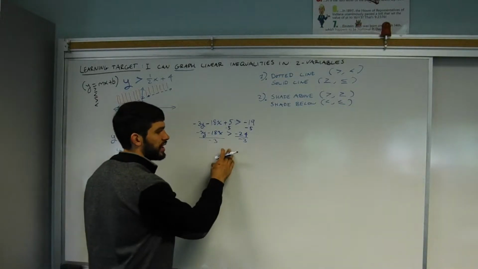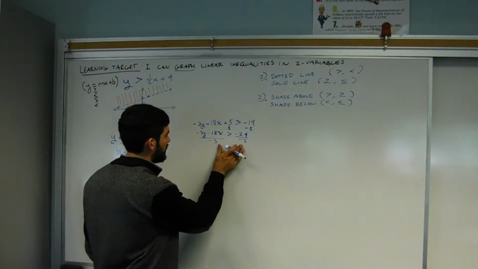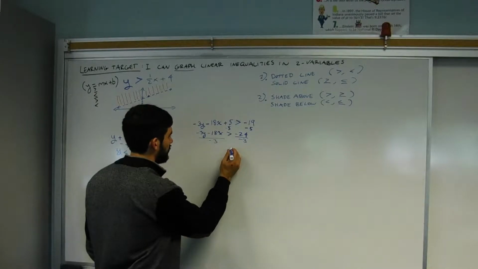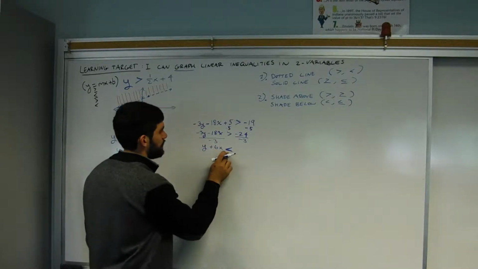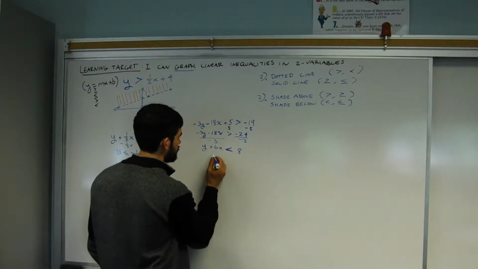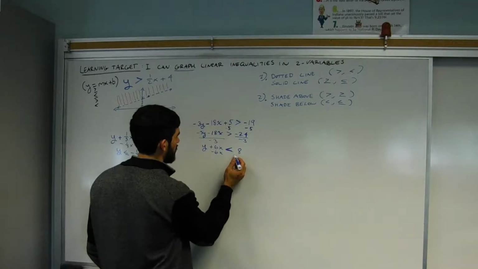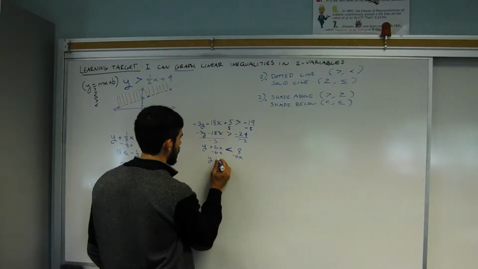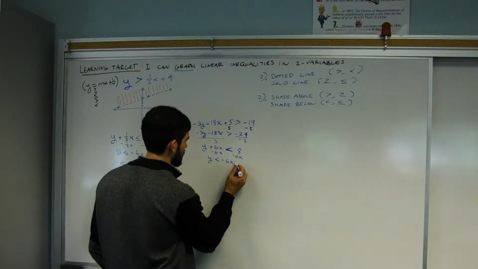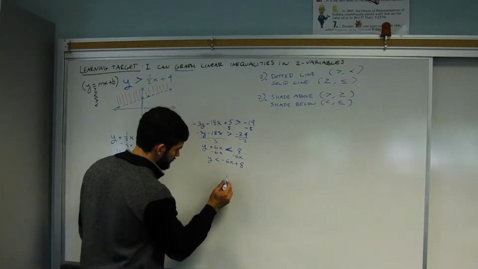And remember that our inequality rules do apply to two-variable linear inequalities as well. So we're going to switch this sign. We're going to get y plus 6x is less than 8. Subtract 6x from each side, and we get y is less than negative 6x plus 8.